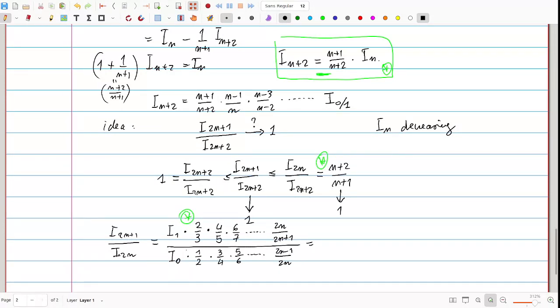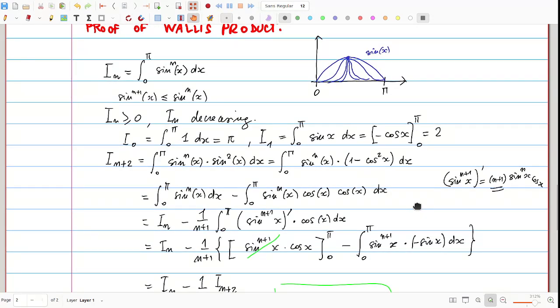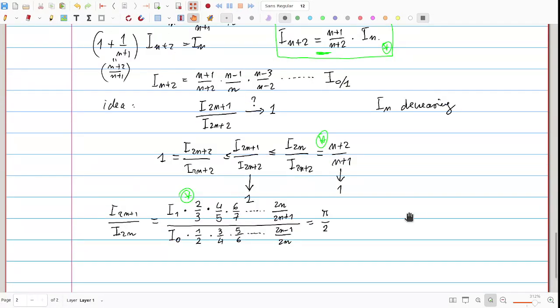Very nice, because I_1 is 2 and I_0 is pi. Let's check this: I_1 is 2 and I_0 is pi, so this is going to be 2 over pi.